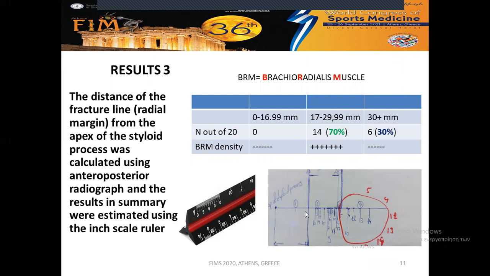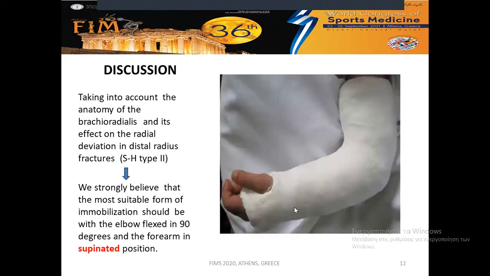As you can see, the density of all these fracture lines was in the area between 17 and 28 millimeters away from the styloid process, and especially at a distance between 20 and 24 millimeters away from the apex of the styloid process of the radius.